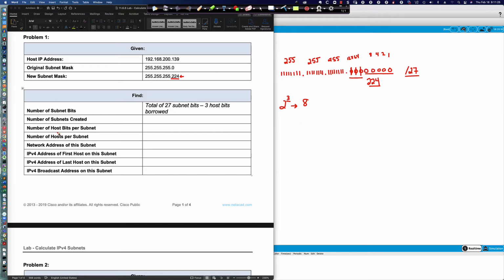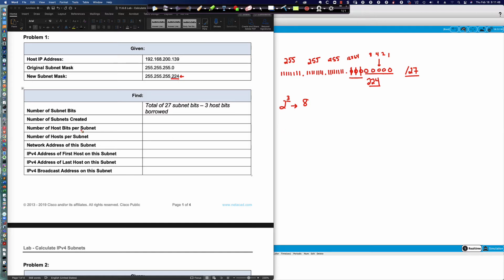All right, so we know that the answer, number of subnets created, is 8. So now it wants to know number of host bits per subnet. Well, that would be the number of host bits we have left over for each of the subnets, and that's a total of 5.